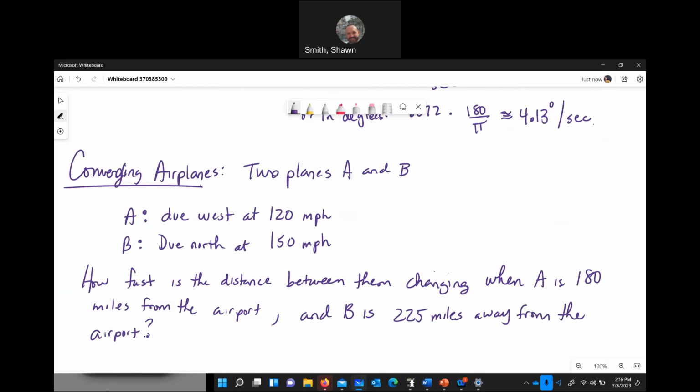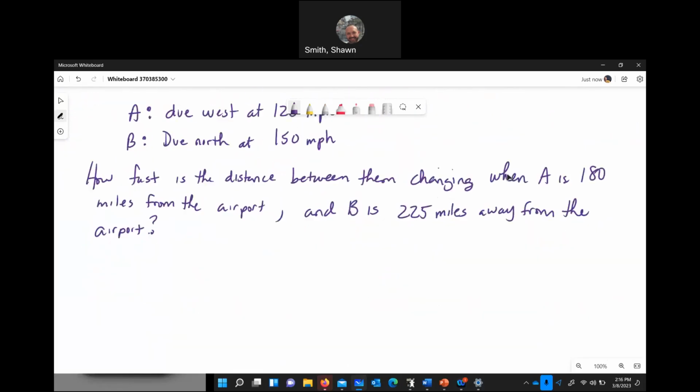Converging means coming together, right, to a central location, the airport. A is going due west, B is going due north, so they're getting closer and closer together, right? So let's draw that picture.